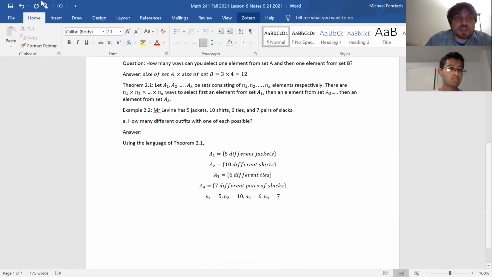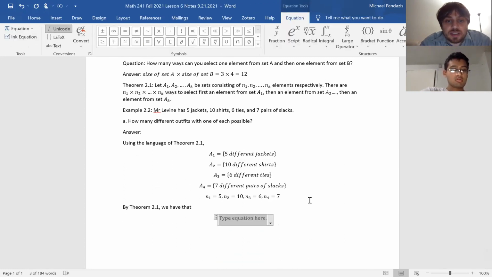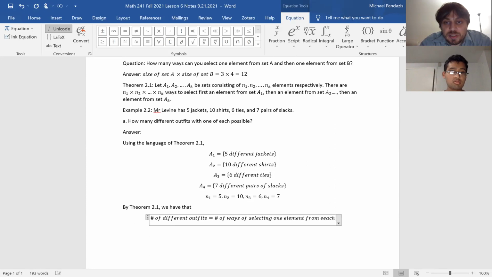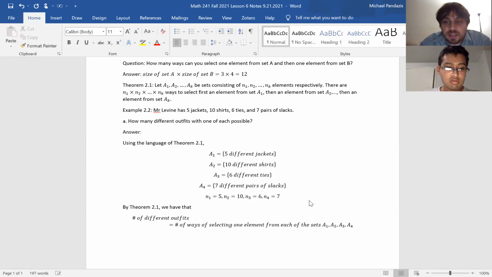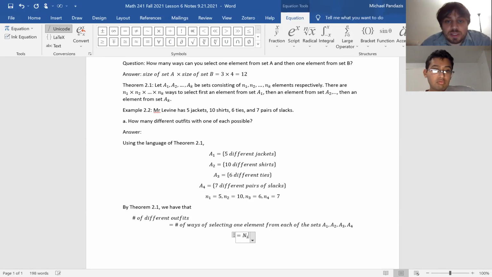And so by theorem 2.1, we have that the number of different outfits is equal to the number of ways of selecting one element from each of the sets A1, A2, A3, and A4, and that's equal to N1 times N2 times N3 times N4.